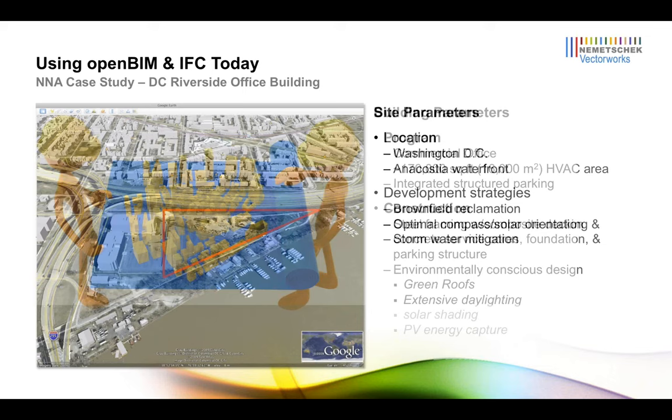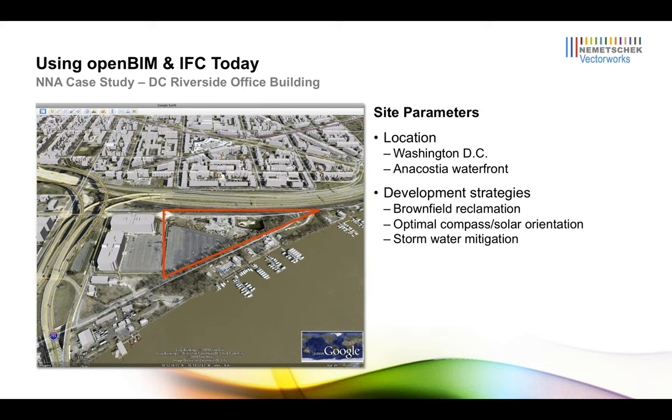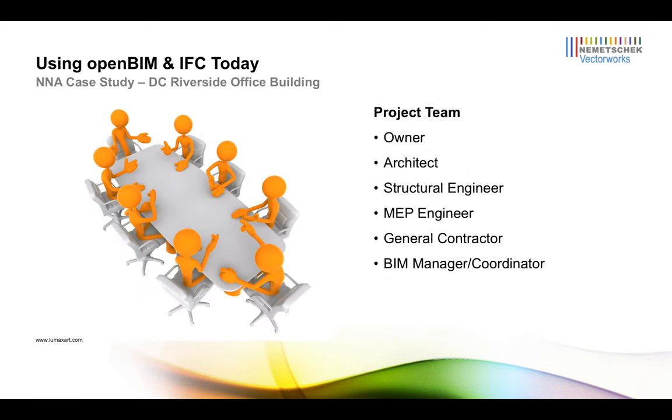Then we had this idea of, what's the project team? We looked at a simplified but pretty typical beginning project team for a project like this: the owner, architect, structural engineer, MEP engineer, the general contractor, and then this idea of a BIM manager coordinator, which is kind of the new part to all of this.